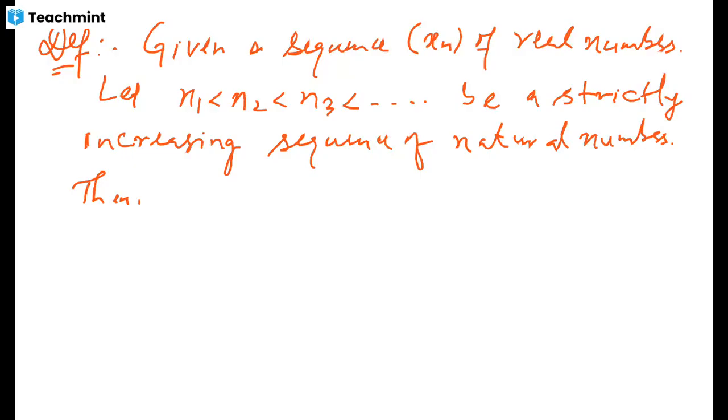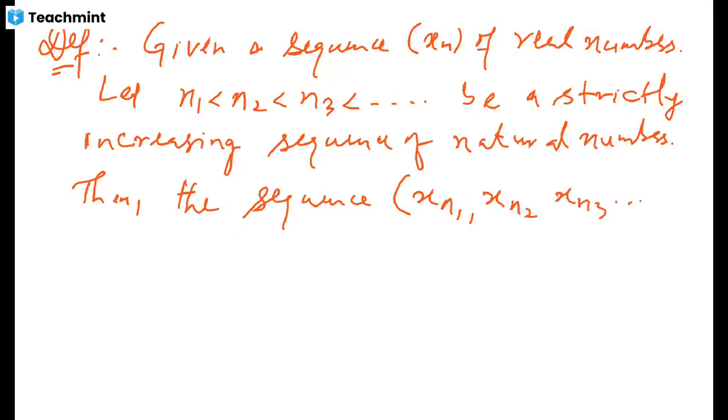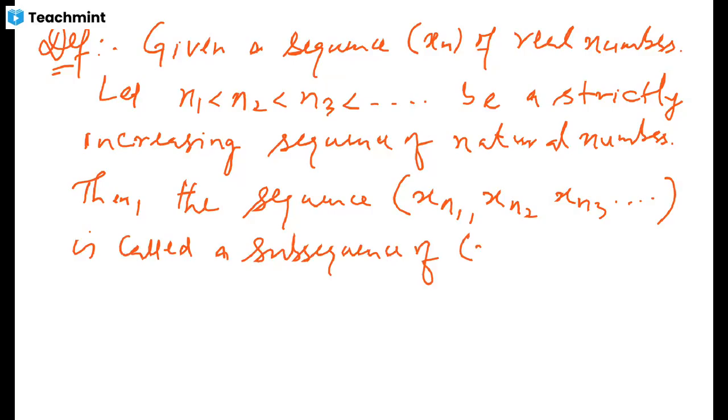ये जो natural numbers n1 n2 मैं ले रहा हूँ, ये किसी terms के indices हैं यहाँ पर। तो हम क्या कर रहे हैं, उन terms को ले लेते हैं। Then the sequence corresponding to these terms, जिसकी पहली टर्म xn1 होगी, इसी xn में से हम चूज कर रहे हैं, जिसकी दूसरी टर्म xn2 होगी, xn3 होगी, इस तरह से ये जो सीक्वेंस होगी, then this sequence is called a subsequence of the given sequence xn.